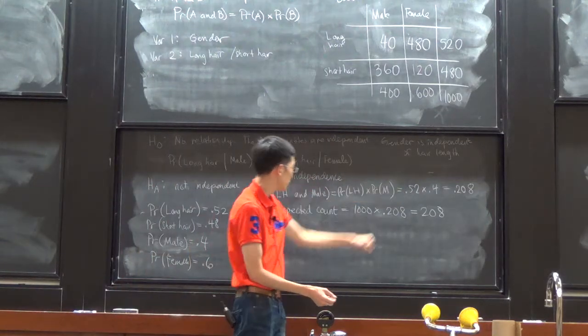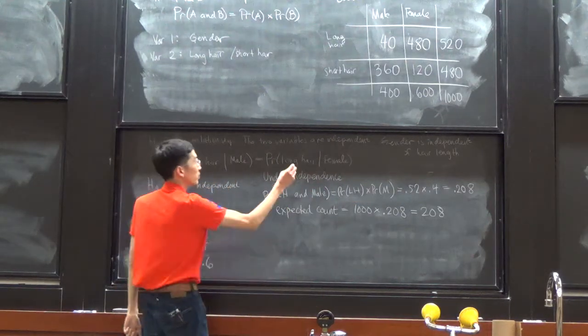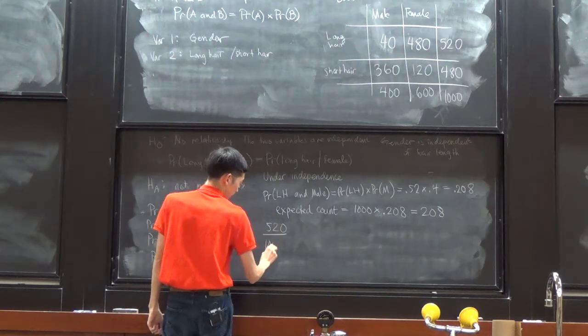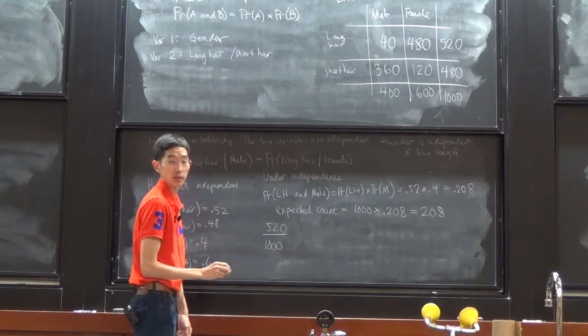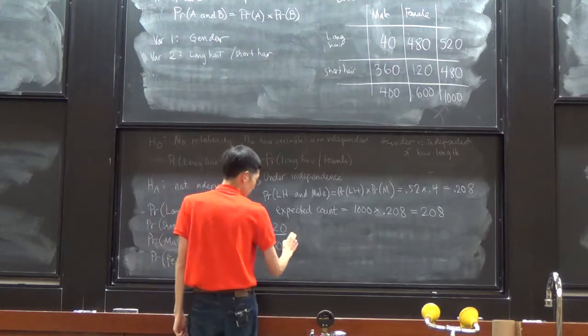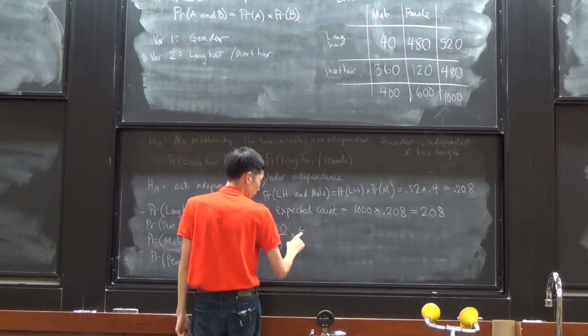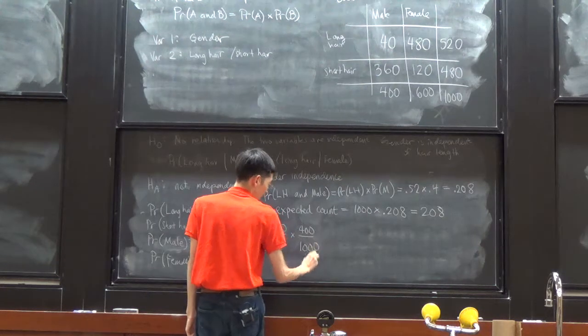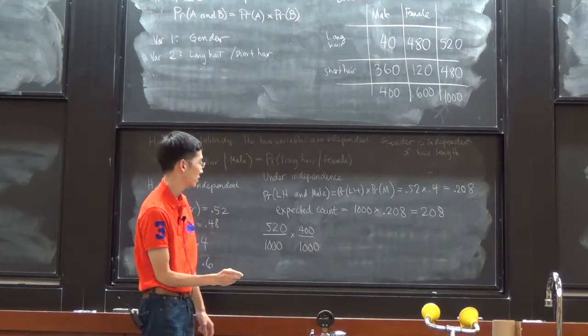This 0.52, how did I get 0.52? 0.52 was done by taking 520 divided by 1,000. 0.4 was taken by doing 400 divided by 1,000.